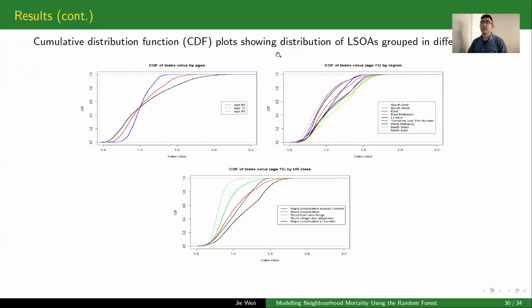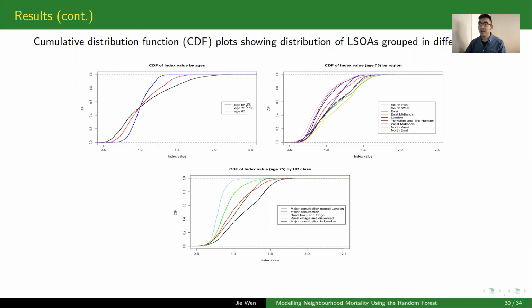Now this slide shows some cumulative distribution function plots, the CDF plots, which show the distribution shape of the index looked at by different groups of RSOAs. For example, the first one here is the CDF of index value by ages, the distribution of the index at three different ages.